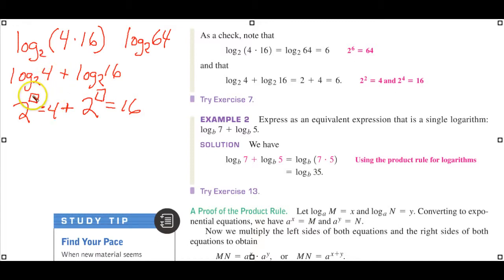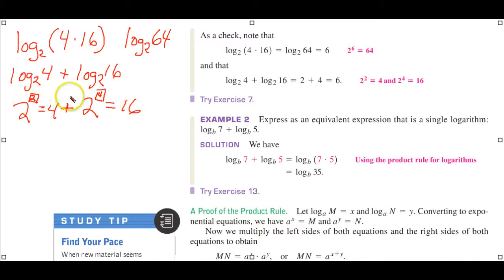And we know this exponent here is going to be 2. 2 to the second equals 4. All right, how about this one? Log of base 2 of 16. Well, there's our base 2. We don't know the exponent at this time, but it's going to equal 16. Well, 2 to the 4th power is 16.